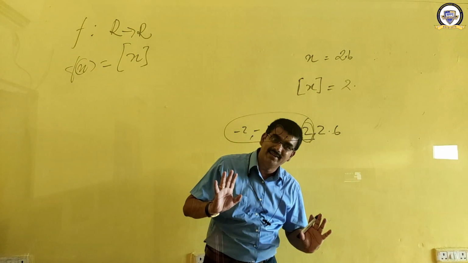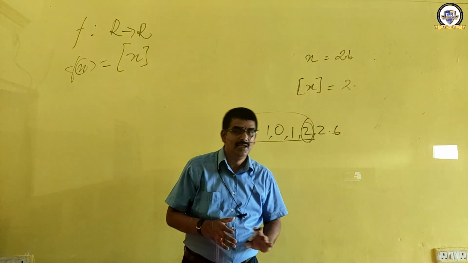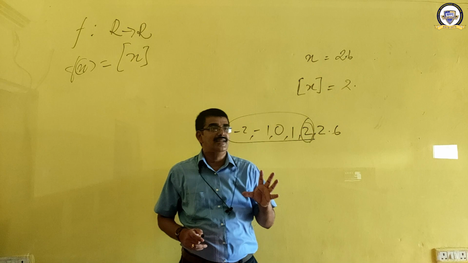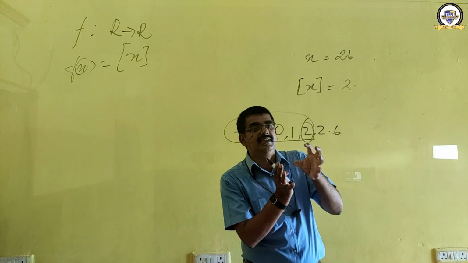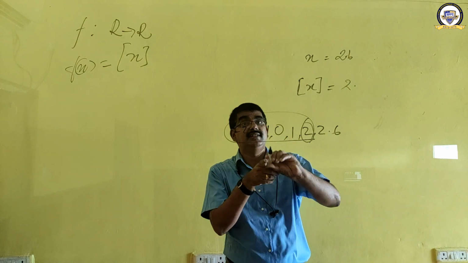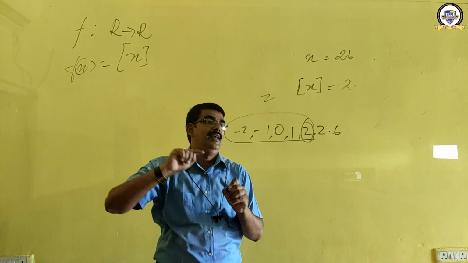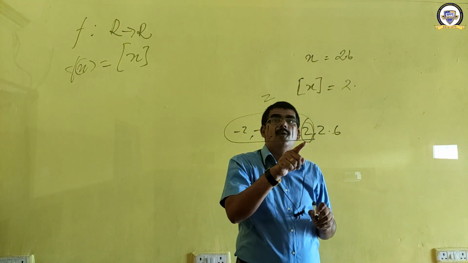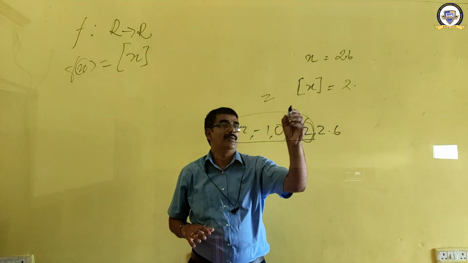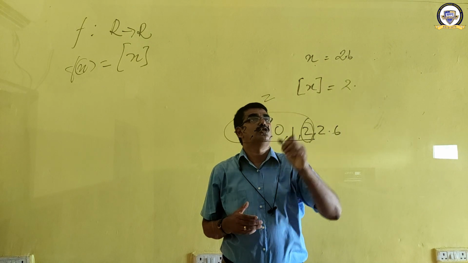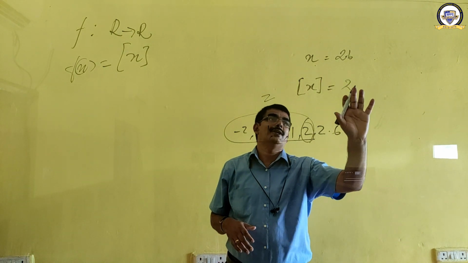Are you clear? The greatest integer function is a function which declares the nearest integer. Nearest integer is not a real number. It is the nearest integer of the number given in the square bracket x. If x is equal to 2.6, what value will you get? You will get 2.